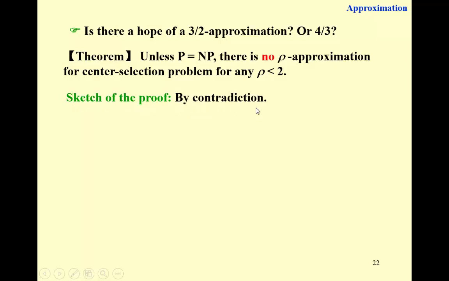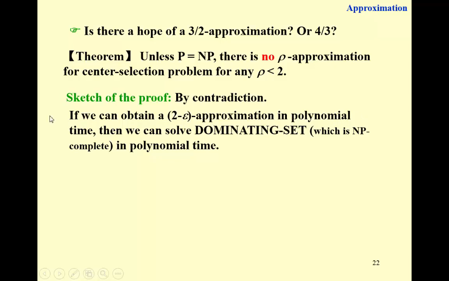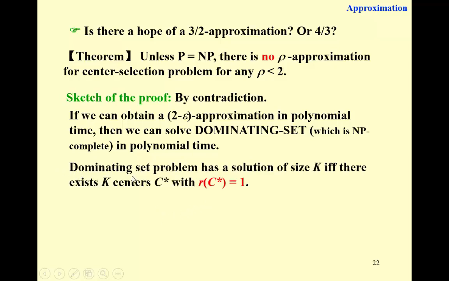Again, it is by contradiction. And it's been proven that if we can obtain a 2 minus epsilon approximation in polynomial time, then we can solve this dominating set problem in polynomial time, where this problem is actually NP complete. But to prove this conclusion, people have proved that this dominating set problem has a solution of size k if and only if there exist k centers with the radius being exactly 1.